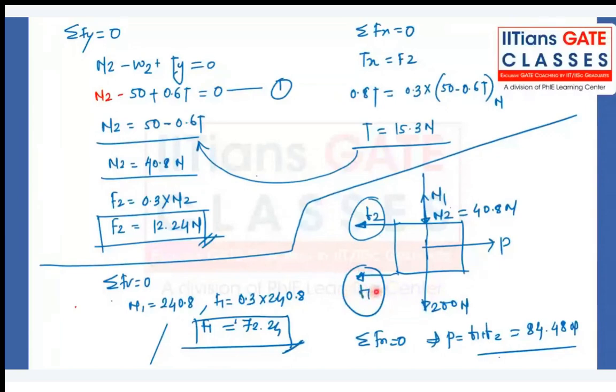So from the first calculation we got the value of F2, and here we are calculating F1 and just adding them to get the value of P. I hope it is clear to you all. A little bit difficult, but if it is conceptually clear to you, then you may not face any issues in future. Any doubt, feel free to ask.